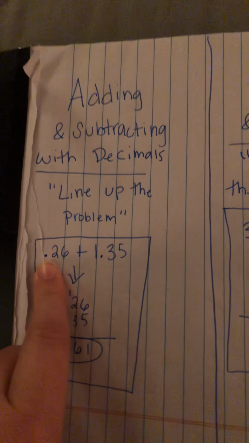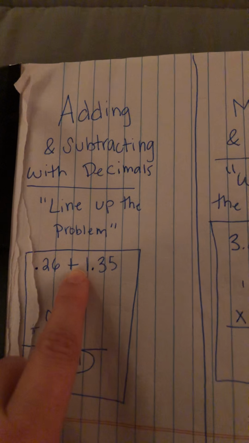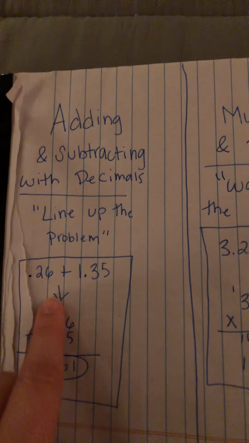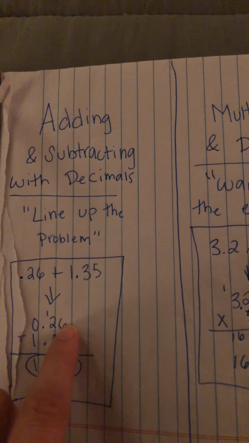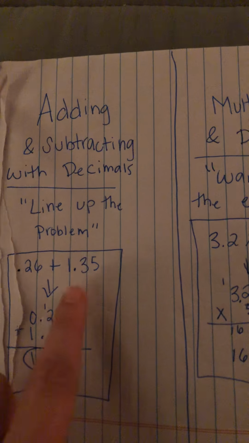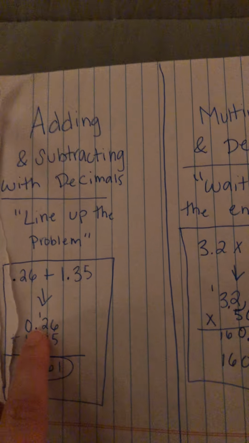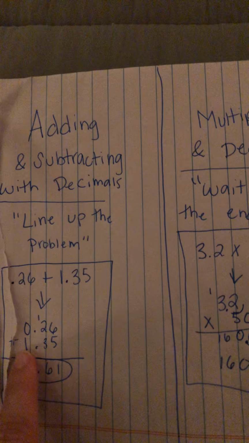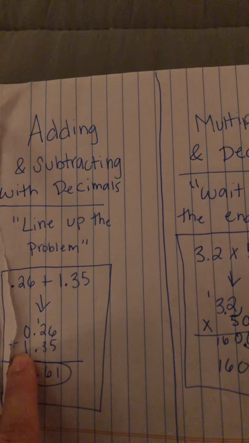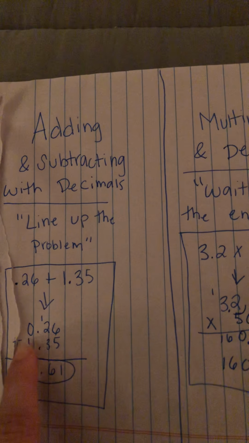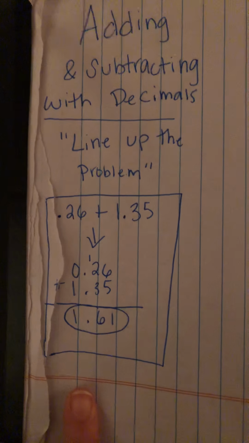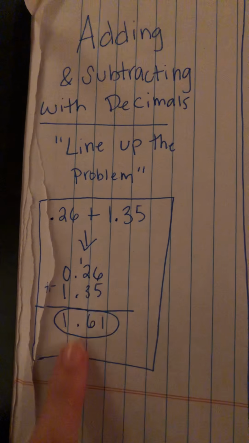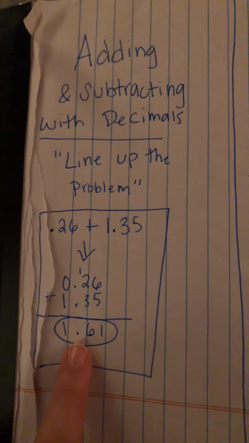You can see I just had 0.26 plus 1.35. So for that 26, I added a 0, 0.26. I'm completely lining up my decimals. For the 1.35, I put the decimal straight under the decimal, and then added my other digits. So it completely lines up and doesn't change the value of my numbers. 0.26 plus 1.35, and then solve the problem just as I normally would. Just bring down that decimal.